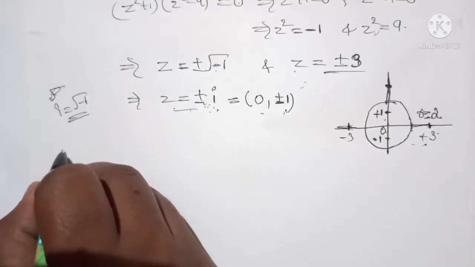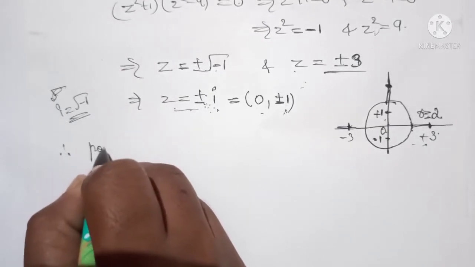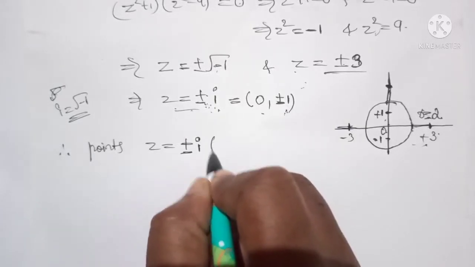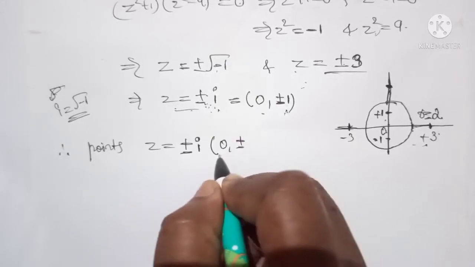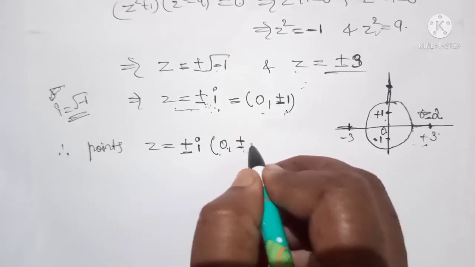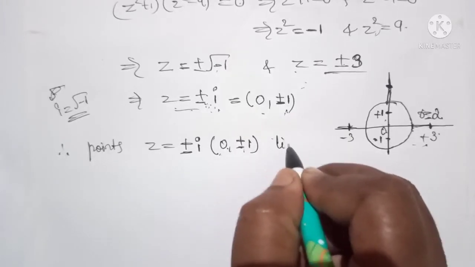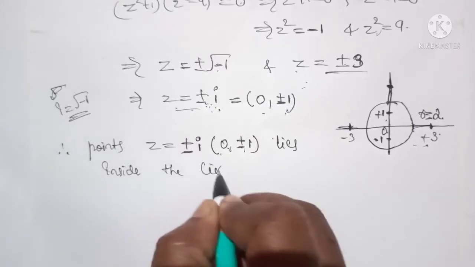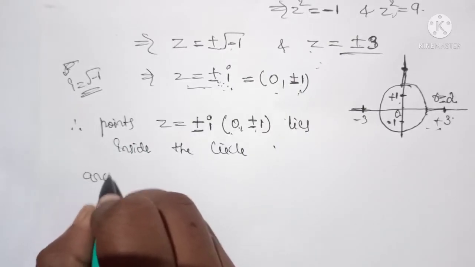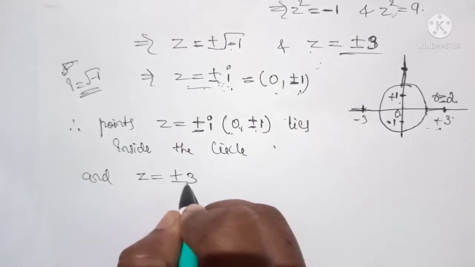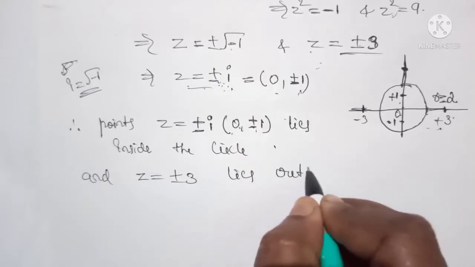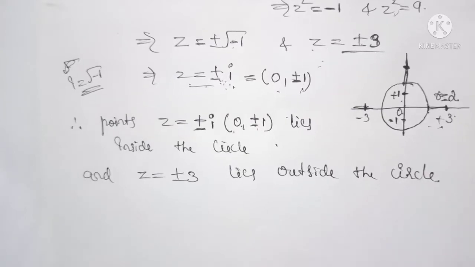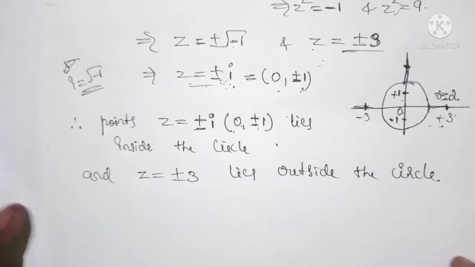Therefore we can say that the points z equals plus or minus i, represented in coordinates as 0 comma plus or minus 1, lie inside the circle, and z equals plus or minus 3 lies outside the circle.